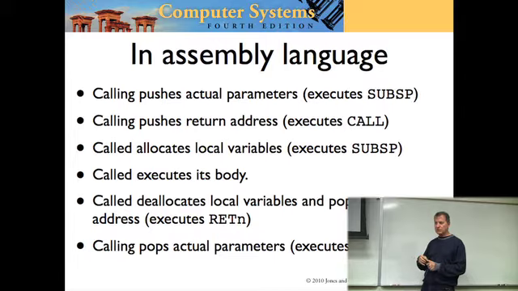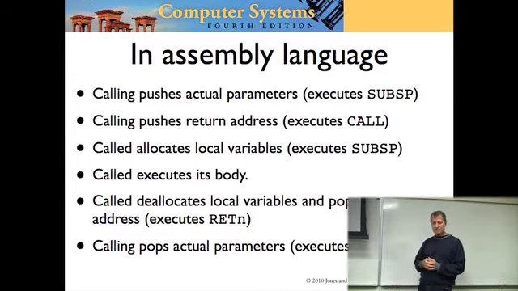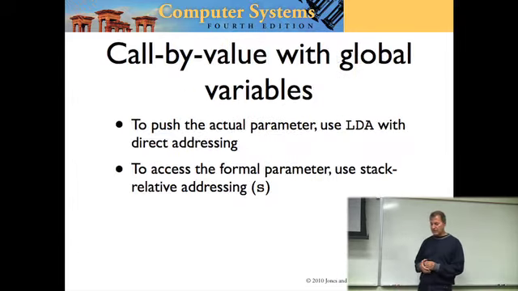Yeah, you can do call by value, and you can do call by reference. Okay, so our job is to learn how the C++ compiler actually does that. Are you with me? Okay, so the first example that we will look at is call by value with global variables.